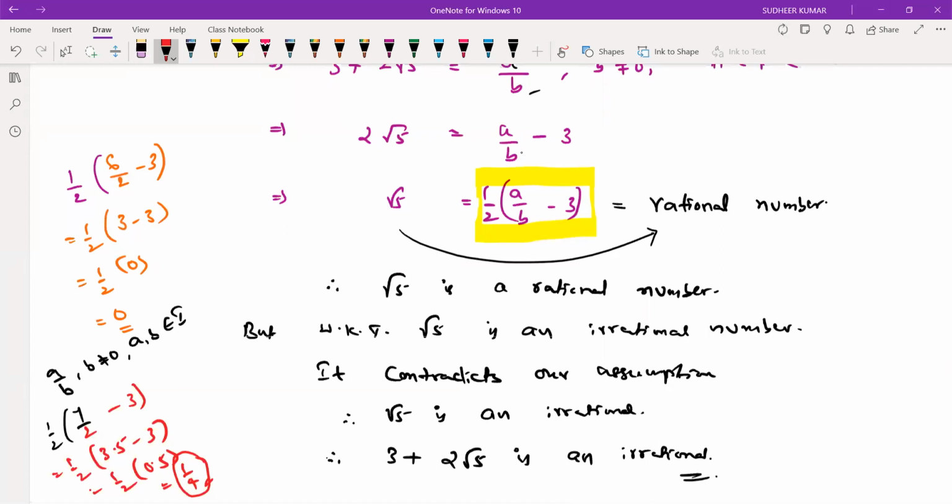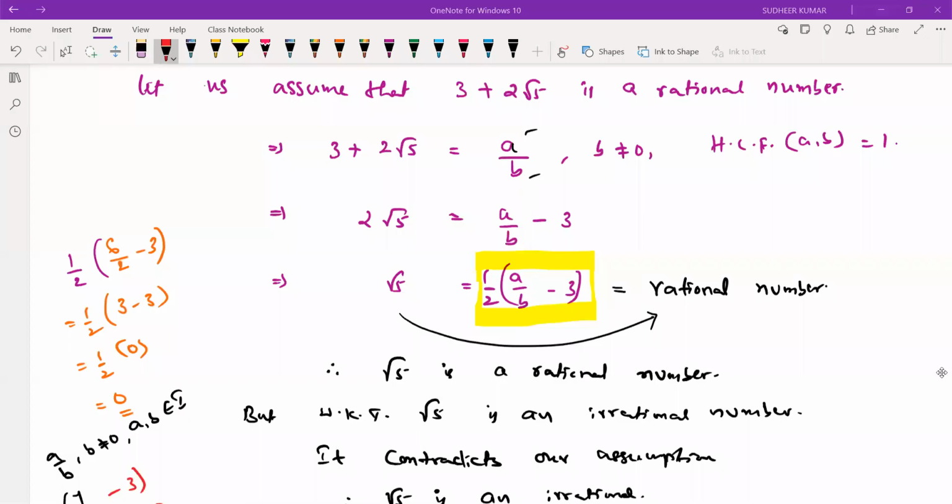Right. Any other doubts? No, sir. See, if we take any indices, can we get a rational number? Sometimes, based on the denominator, we may get an irrational number also in place of 6 by 2. But as we assumed that 3 plus 2 root 5 is a rational number, it is already a rational number.